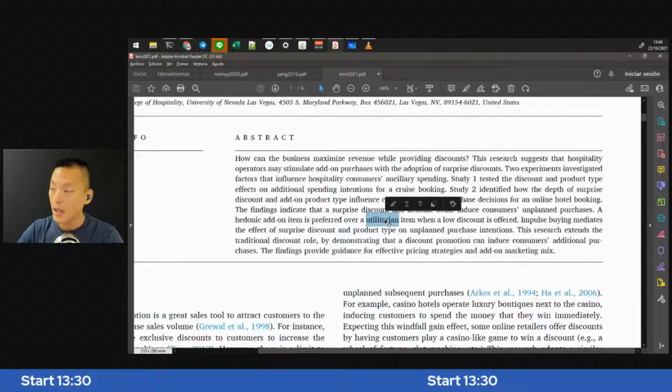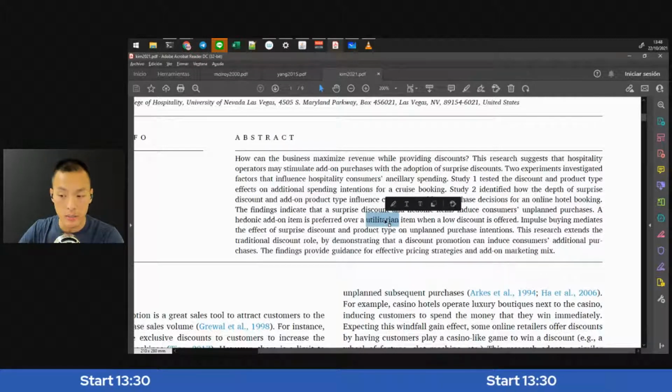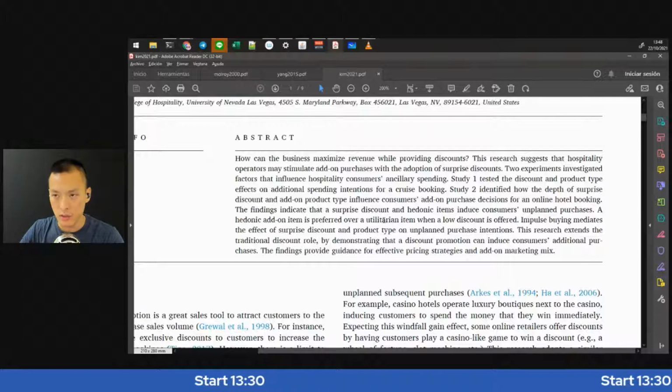Right? Hedonic items mean items that you do not need. So in the hotel industry, this would be like spa treatment, romantic packages, or a day trip to fancy places, like fancy restaurants. Utilitarian items are like Wi-Fi access in your room, or rental cars, or extra blankets, right? Stuff that you can use.